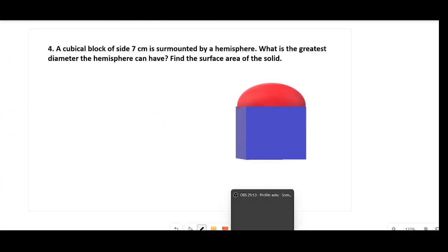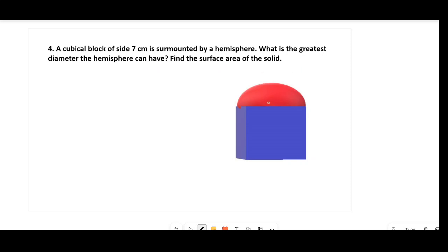Here a cubical block of side 7 centimeter is surmounted by a hemisphere. What is the greatest diameter the hemisphere can have? Find the surface area of the solid.